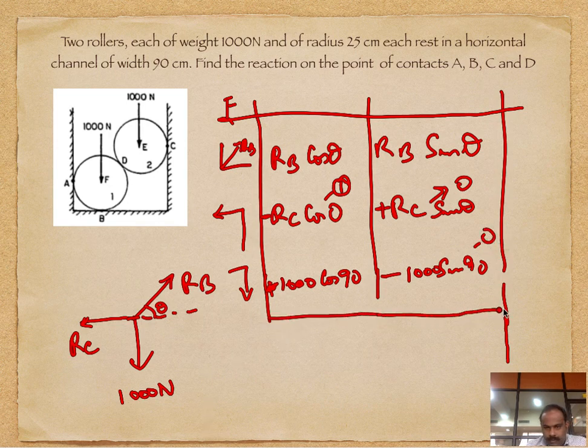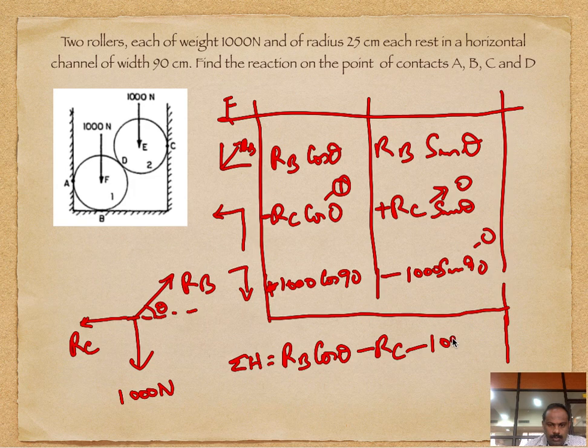So if you write the equation, sigma h is equal to, the first equation will be RB cos theta minus RC minus 1000 cos 90, which is 1000.